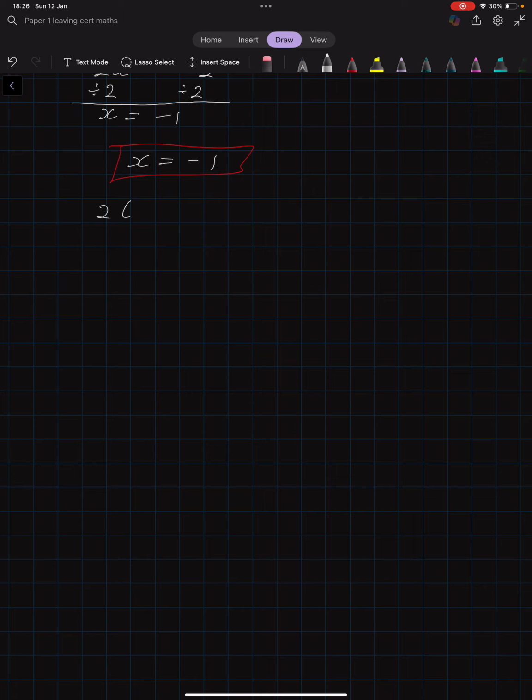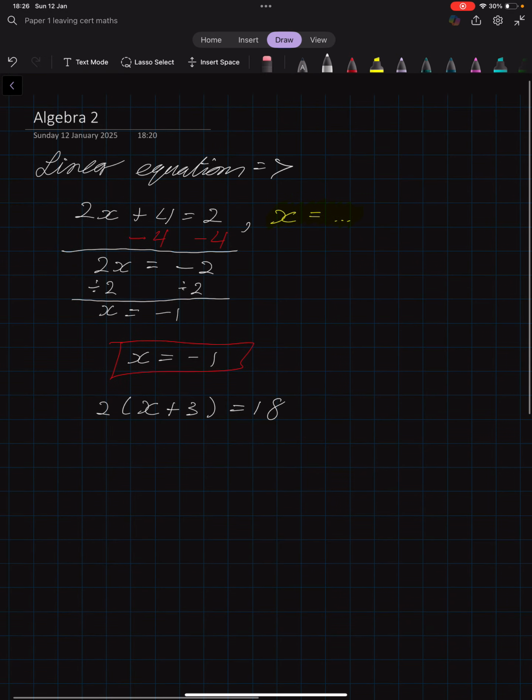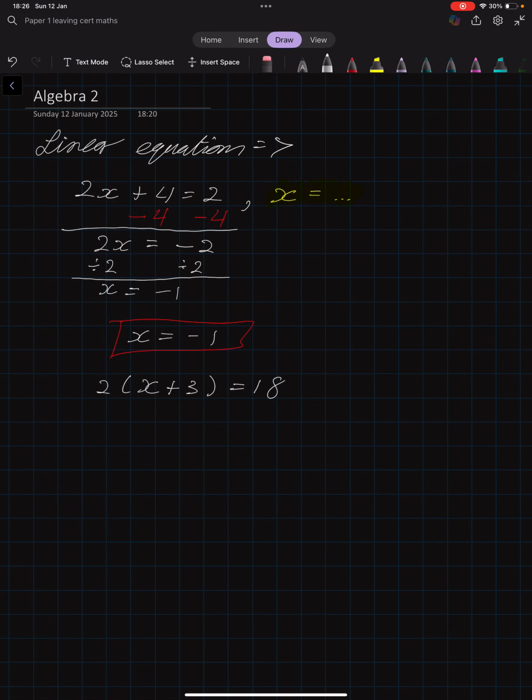Okay? So there's a couple of ways of doing it, but my advice is that if you're looking at that and you're saying, I don't know how to solve that, think, what makes it hard? What makes this different to the one we just did? The difference is that there's brackets, okay?